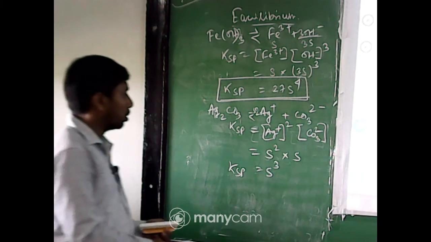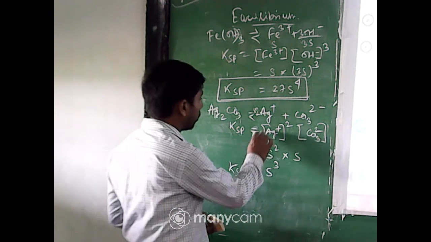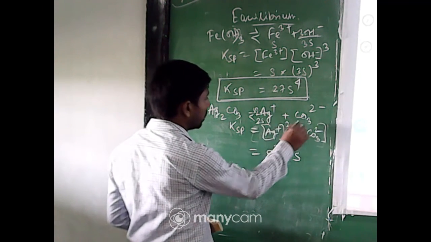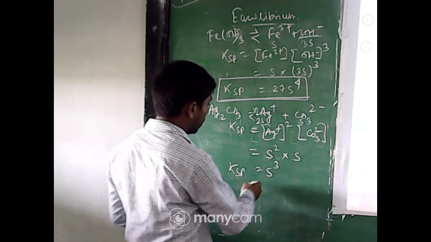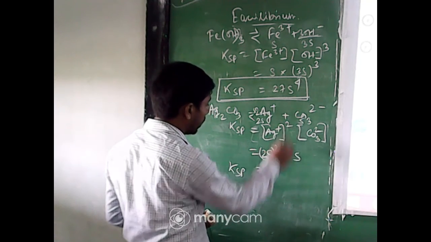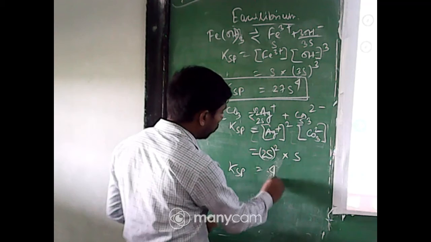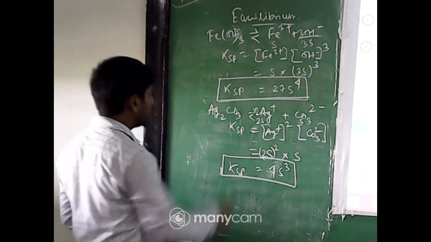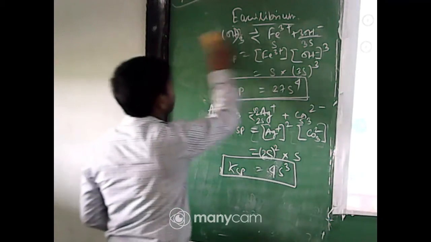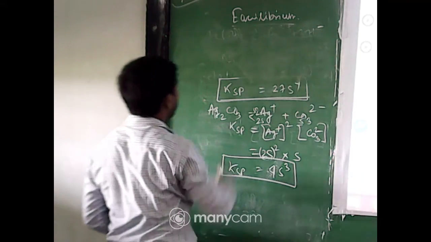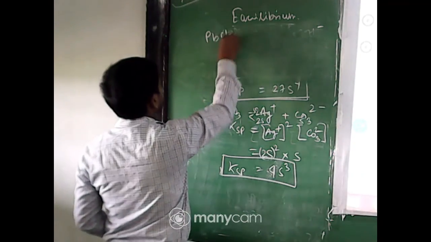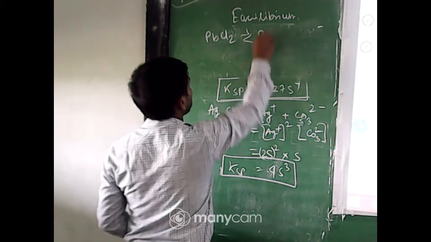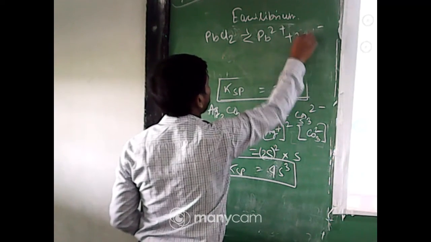Here it is 2S squared into S, that is 4S cubed. So Ksp equals 4S cubed for Ag2CO3. For PbCl2, PbCl2 gives Pb2+ and 2Cl minus.